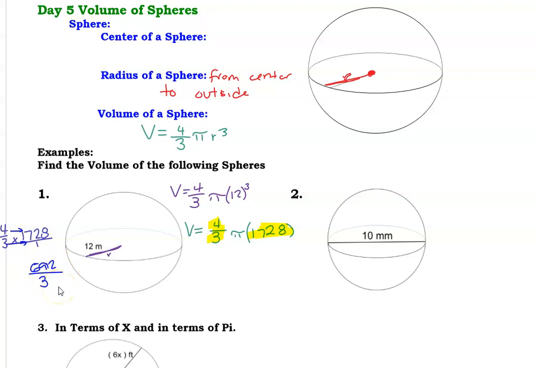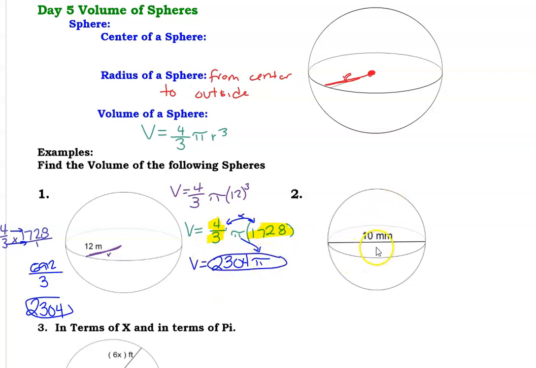When I divide that by 3, I get 2,304 as my simplified whole number. So I just multiplied these two together, and when I did that, I got 2,304. Now I'm going to just stick that pi right back on the end, and we'll call it good.